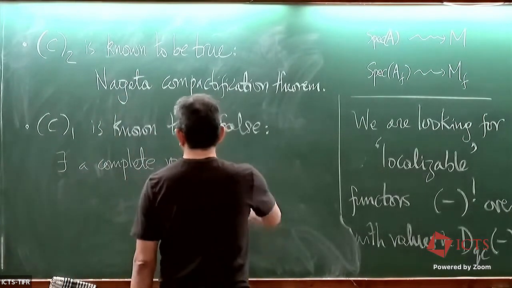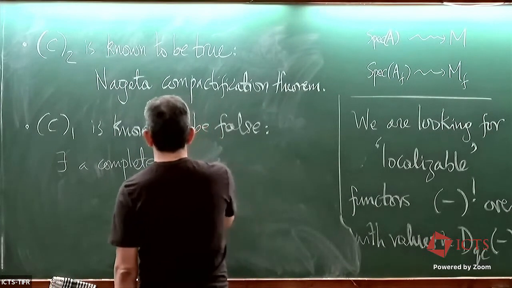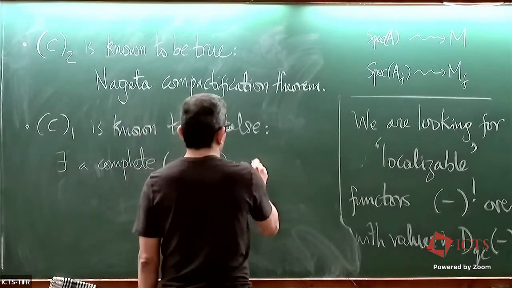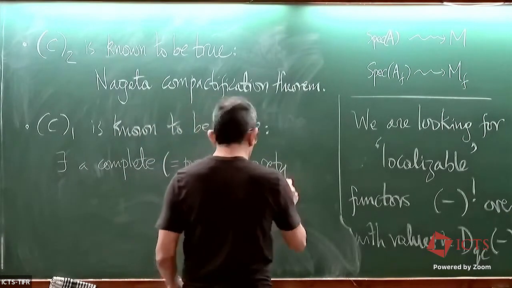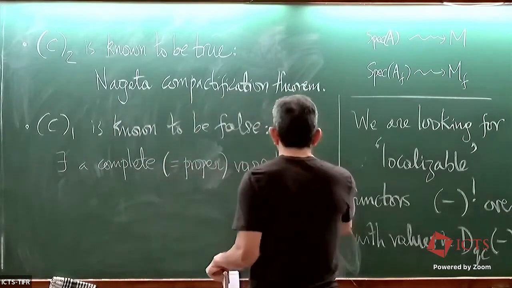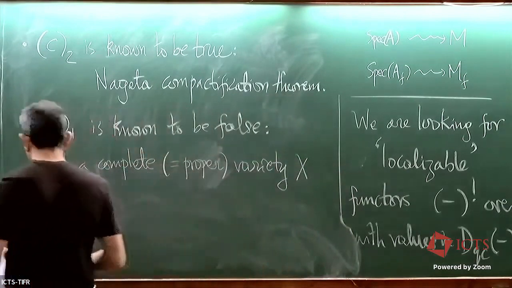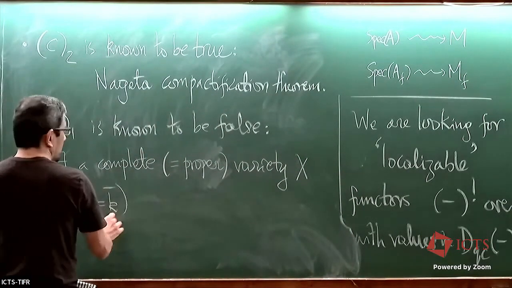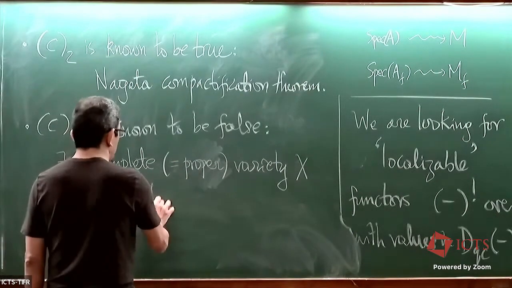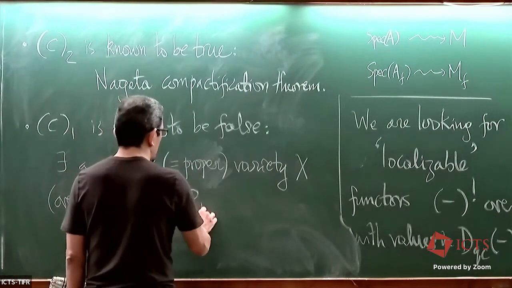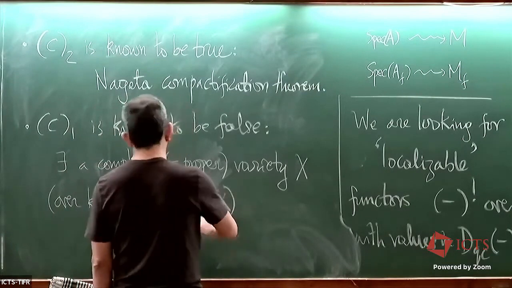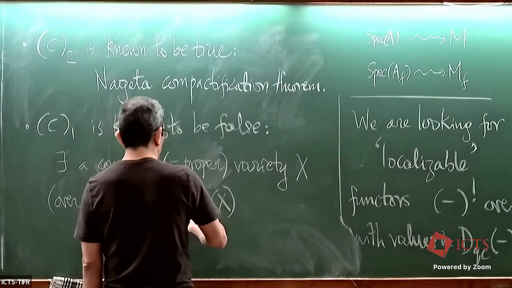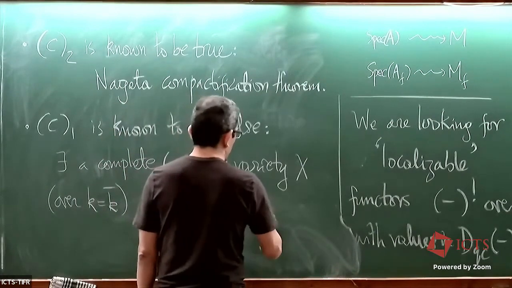Complete again means proper. Maybe I should just say proper variety X, over K equal to K bar, whose Picard group is trivial, the zero group.